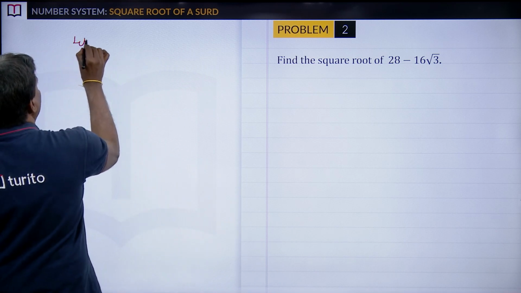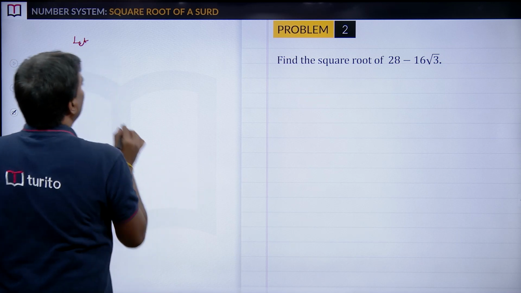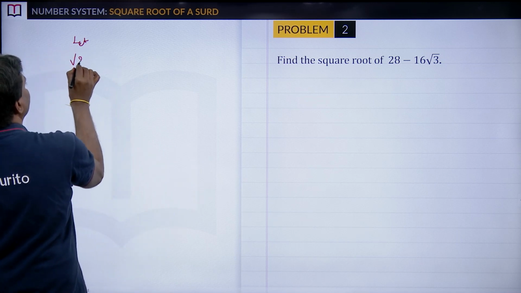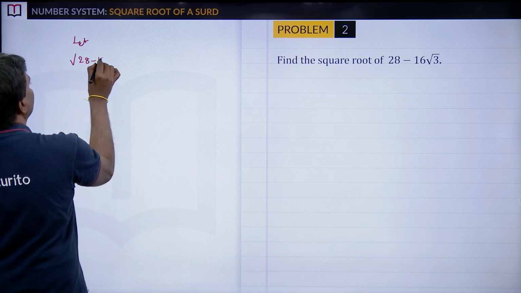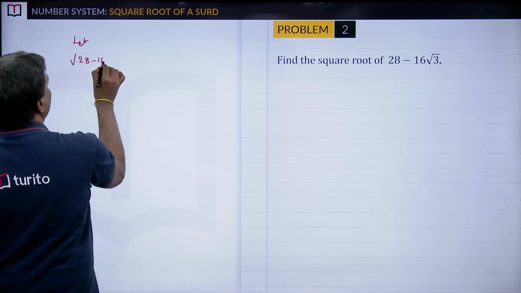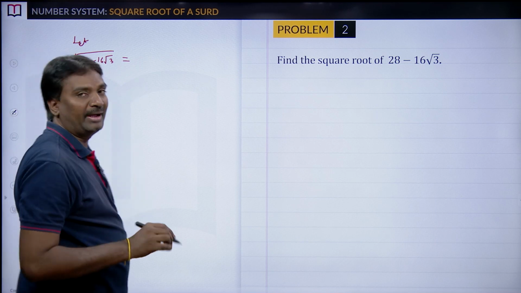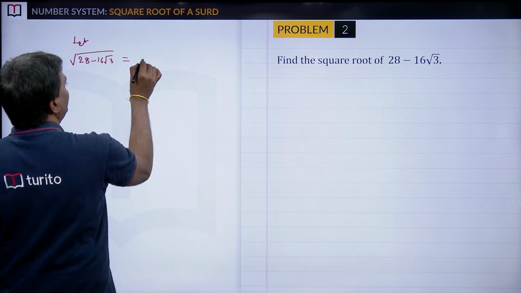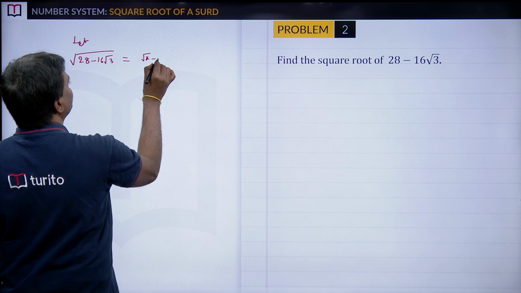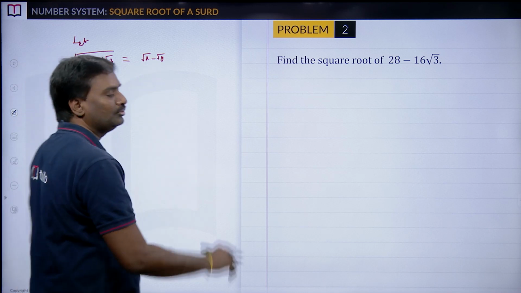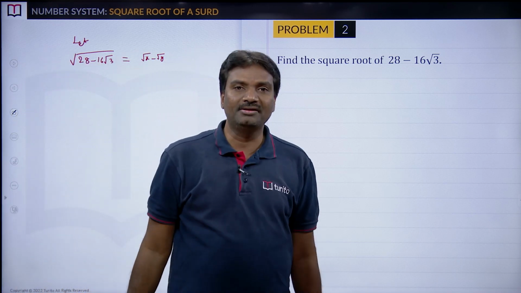So let us consider the square root of 28 minus 16 into root 3. Since the minus sign is there, we can write root x minus root y.